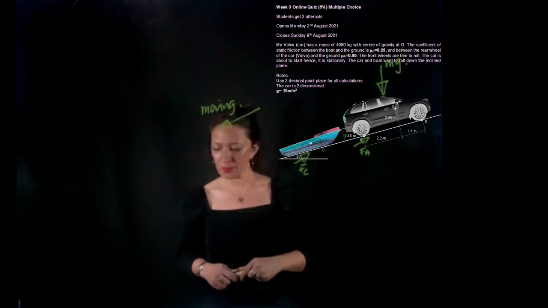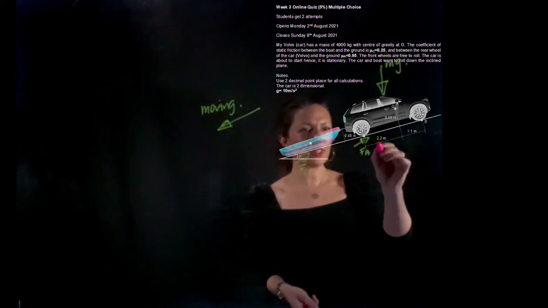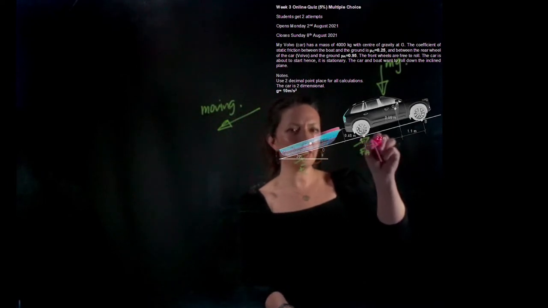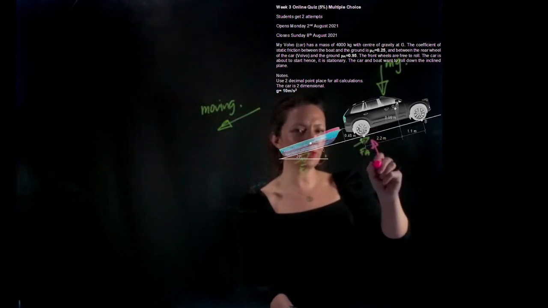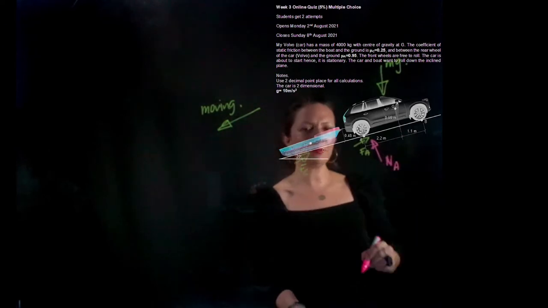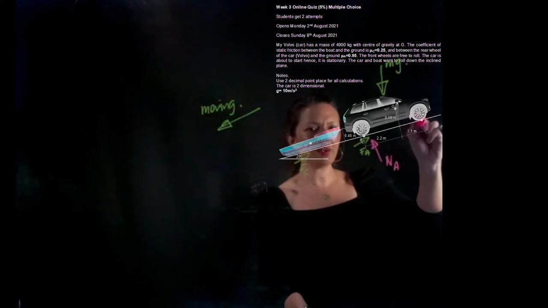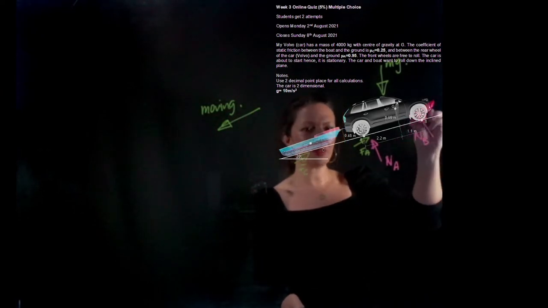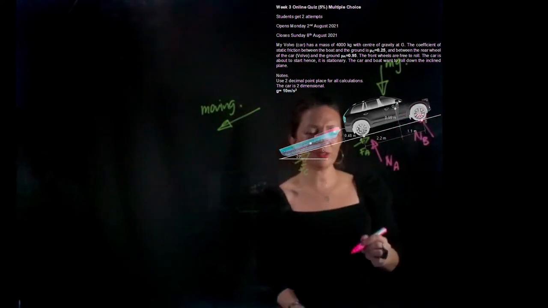So what else do we have in this problem? We have some normal forces going on at A, between the wheel and the surface of the road. So we'll call that NA. And at B, we have the same thing. So here we have NB, between the wheel and the road and the ground.